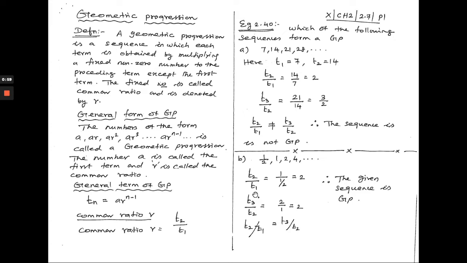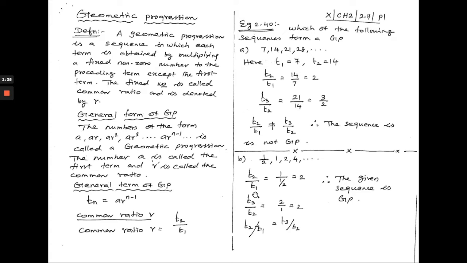The general form of GP. So what is GP, how to define it, and what is the general form of GP? The numbers of the form A, AR, AR squared, AR cube, etc., AR to the power n minus 1 are called a geometric progression.